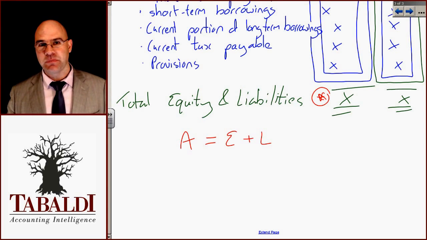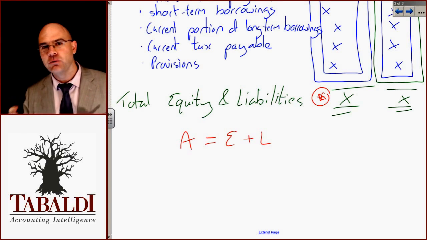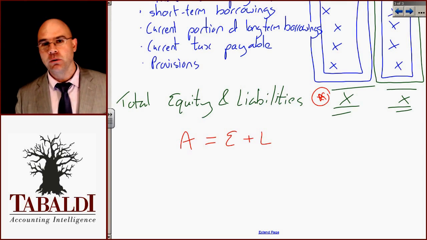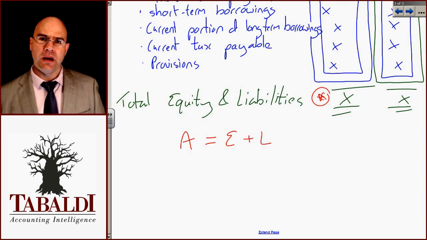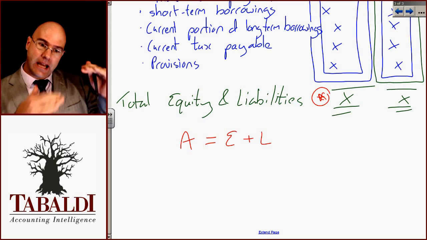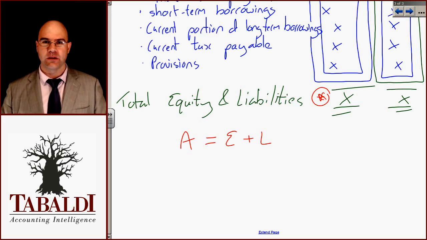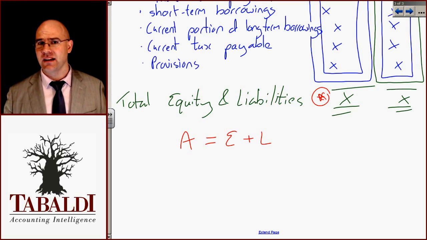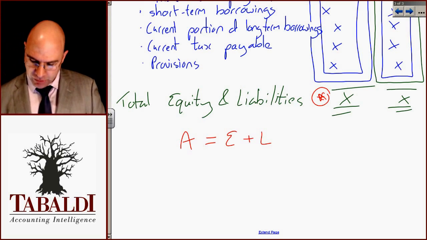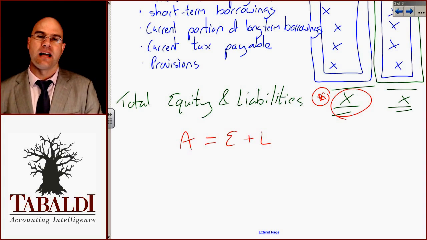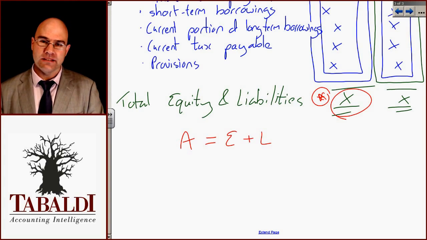But from an exam perspective, let's just settle down and realize that you will make a mistake. You are not going to get 100% for this exam. I'll be over the moon if you get 90, but we're not going to spend hours adding up the whole assets and the whole owner's equity and liabilities just to find they don't balance because you made a mistake or you ran out of time, didn't put everything in. So whatever you have under assets, just put the total in under equity and liabilities. Thank you, guys. Let's move on.